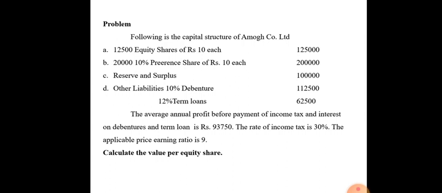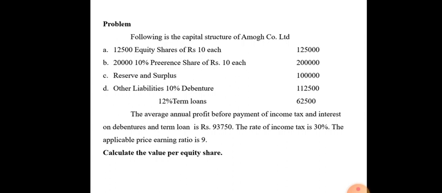Other liabilities include 10% debentures, 1,12,500, as well as a 12% term loan of 60,500. The average annual profit before payment of income tax and interest on debentures and term loan is rupees 93,750. The rate of income tax is 30%, and the applicable price earning ratio is 9.